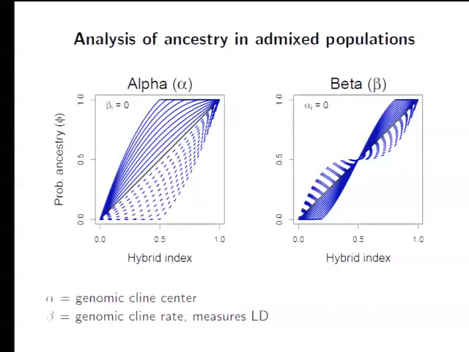And the converse is true for negative values of beta, where there's less of an association between hybrid index or admixture proportion and the probability of ancestry, where there's essentially more free flow across the hybrid zone.